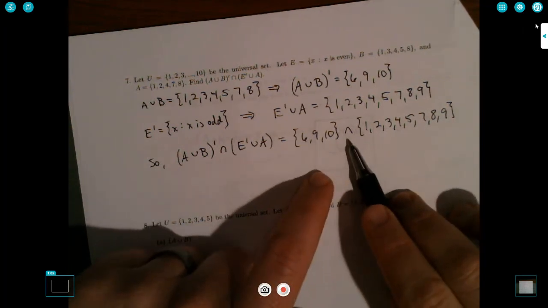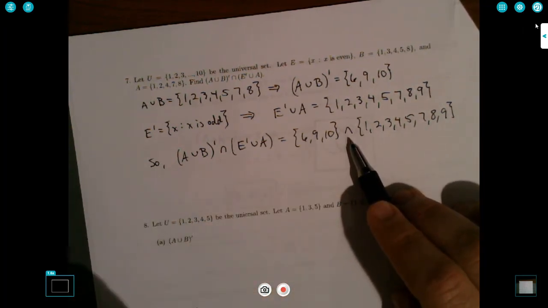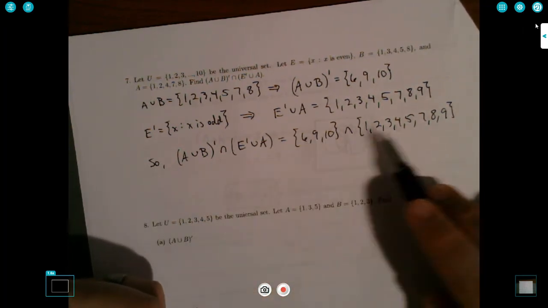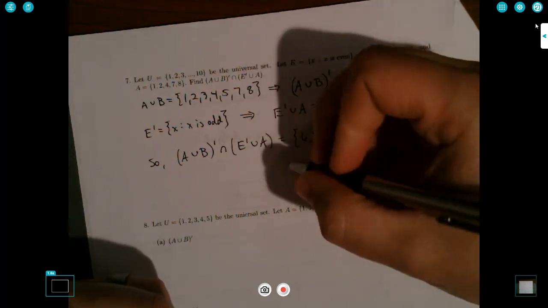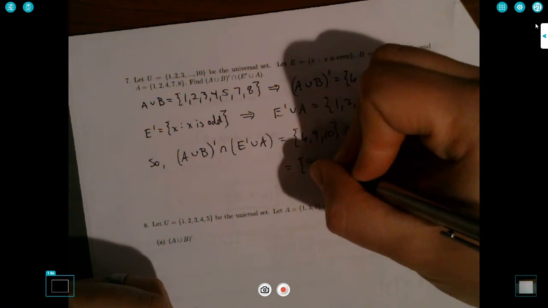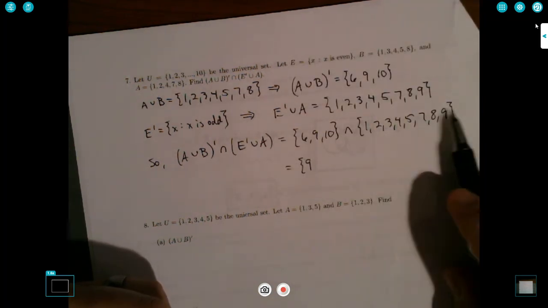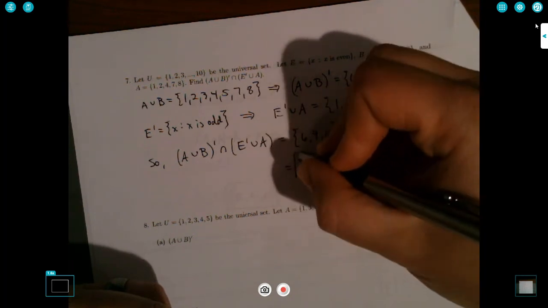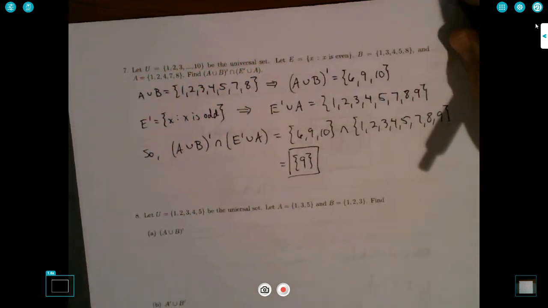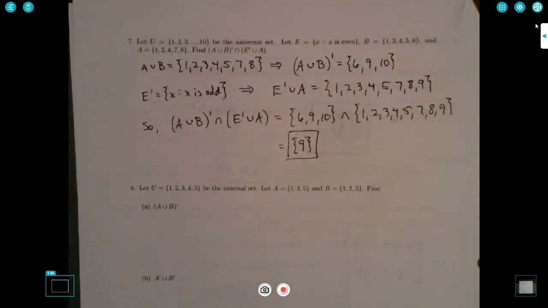Now the intersection is what they have in common. So what do they have in common? Well, they don't have a 6 in common. 6 is not in here. They do have a 9 in common. And they don't have a 10 in common. 10's not in here. So it'll just be 9. Okay, so that's that.